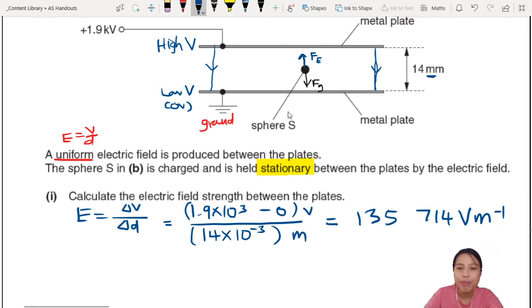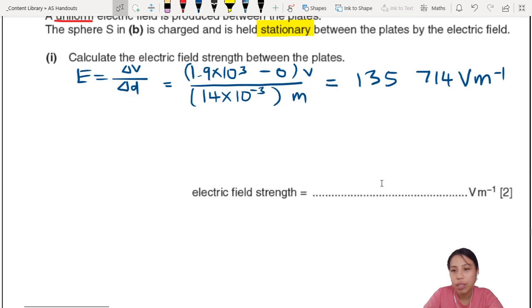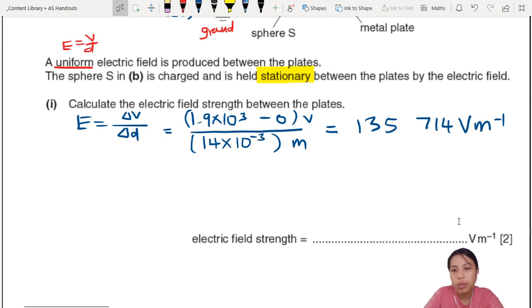And final answer, if you ever see these dotted lines, this is where you want to write your final reported answer. Now, to make the examiner's life a little bit easier, you can usually round off to 2 or 3 SF. Firstly, let me change this to standard form. Standard form, usually you have a digit and then a decimal point.